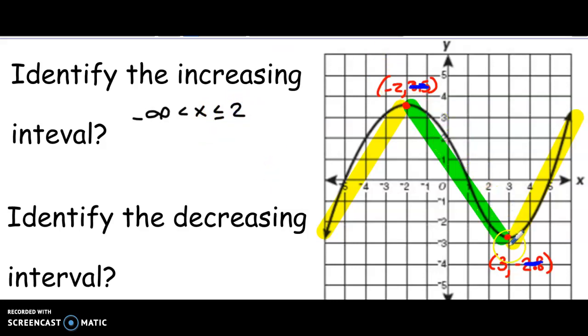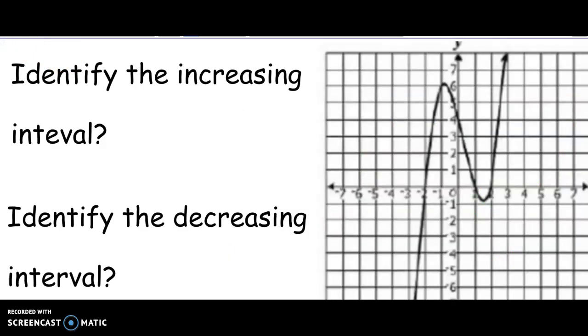Then my decreasing part is the green, so I'm going to start at -2, and I'm going to decrease until I get down here to 3. Again, we don't care about the y value. Okay? Once I get to 3, then I'm also going to start turning and going back up until as far right as I can go, which is positive infinity.